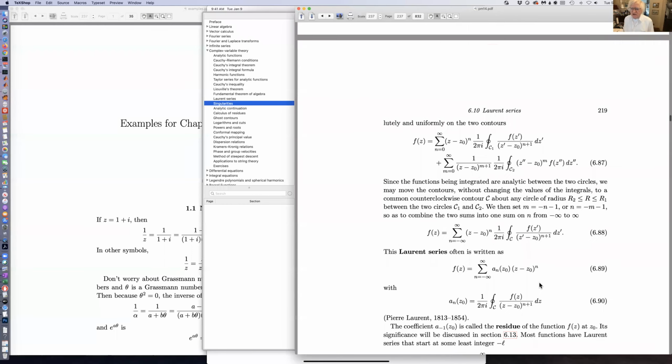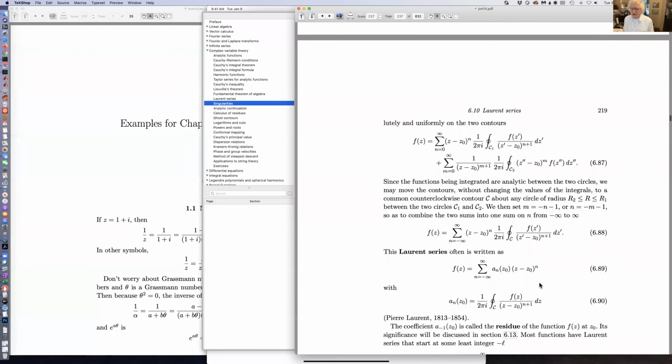Anyhow, we then wound up with one huge sum from minus infinity to plus infinity, and we wrote this in the conventional way, which is to call this integral the nth residue at Z0. I'm not sure everybody uses exactly this terminology, but I'm going to use it.